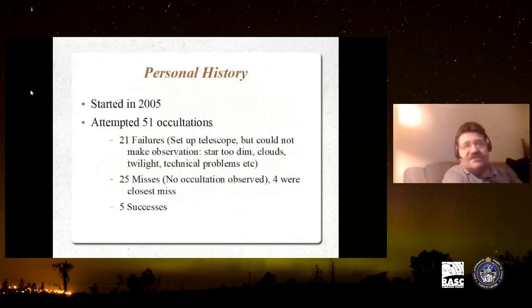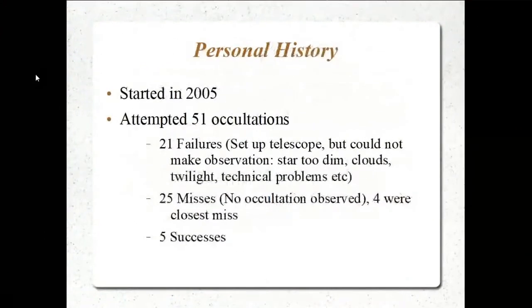So a little bit about my history of asteroid occultations. I've been doing this since 2005. In that time, I have attempted 51 different occultations. 21 of them were failures, as in I set up the telescope, but something went wrong. Now there's a learning curve when you start out with this.